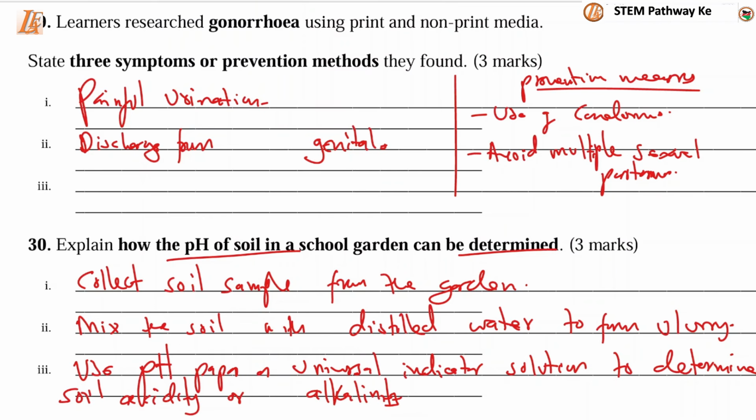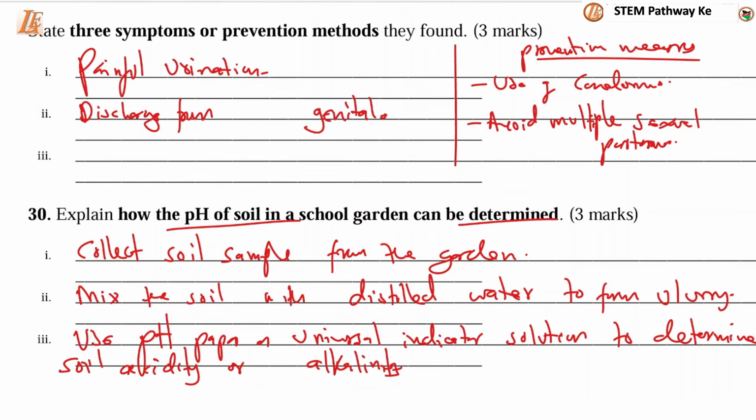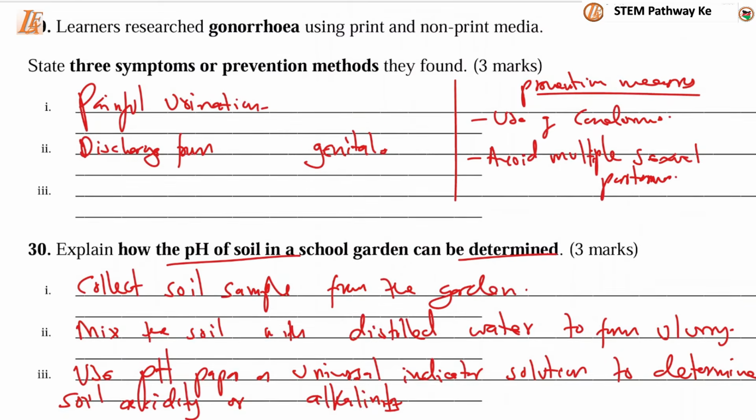So you have to perform these 3 steps. Of course, you have to use different apparatus like a beaker and a stir rod. But the main thing is to collect the soil sample, mix it with distilled water to form a slurry, and then finally use a pH paper or a universal indicator to determine the soil pH.